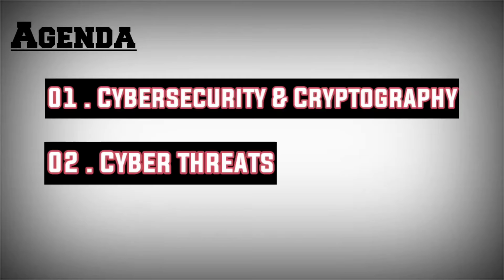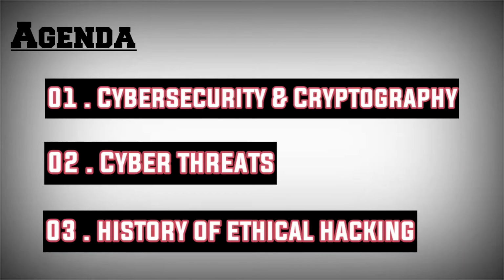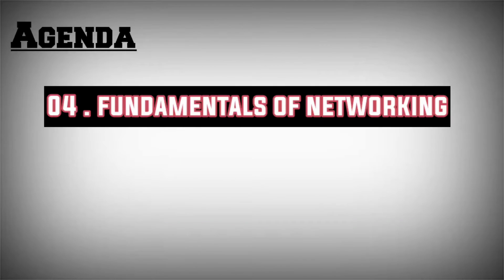After which we will be looking into the history of ethical hacking. We will learn how this all began at the Massachusetts Institute of Technology. And then we will be looking into the fundamentals of networking and ethical hacking. In this we will be learning the various tools that are used in ethical hacking and also the network architecture that is used.